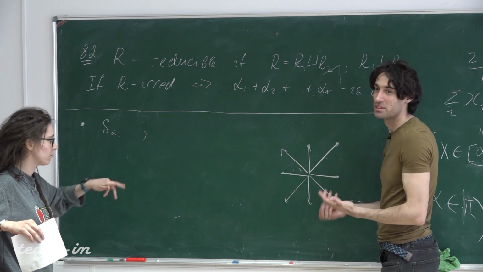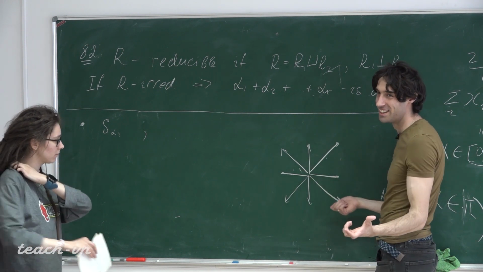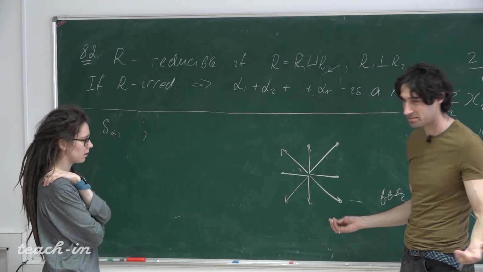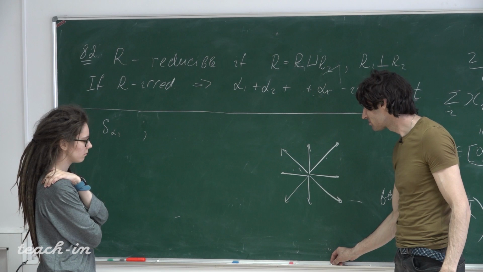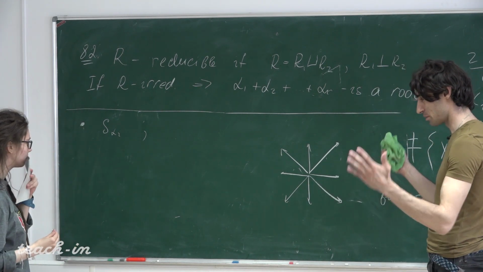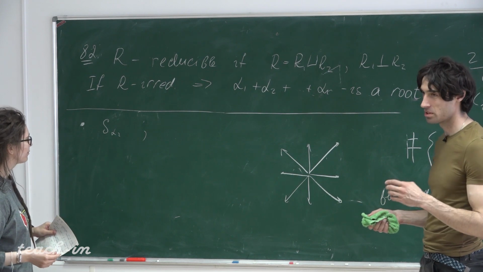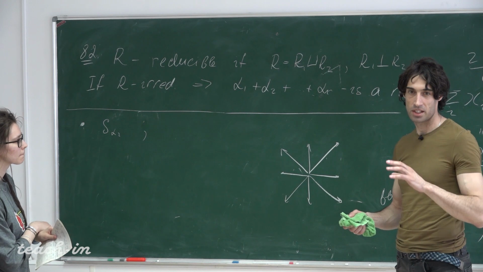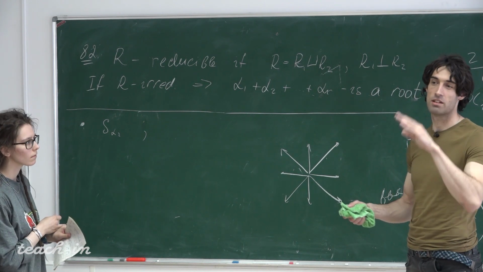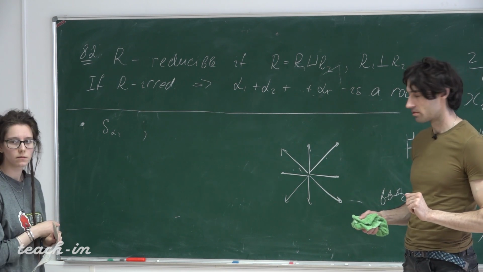You will never do this because this one is longer, and if you reflect, you get the same length. So actually the statement is the following: the Weyl group acts transitively on roots of the same size.